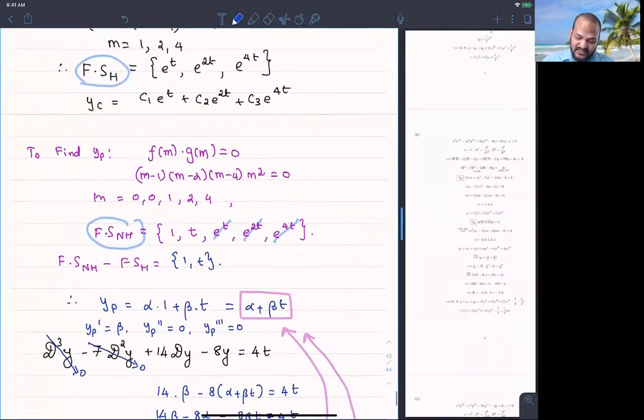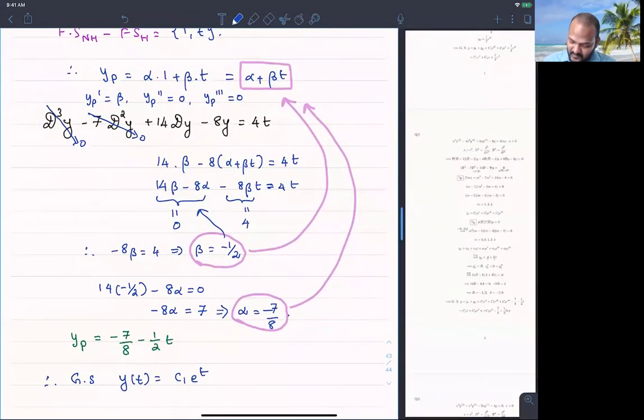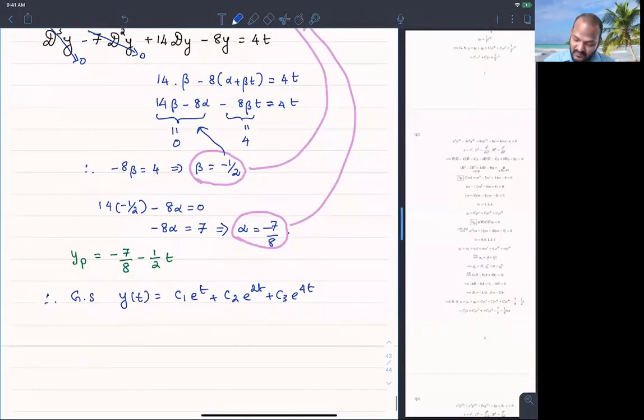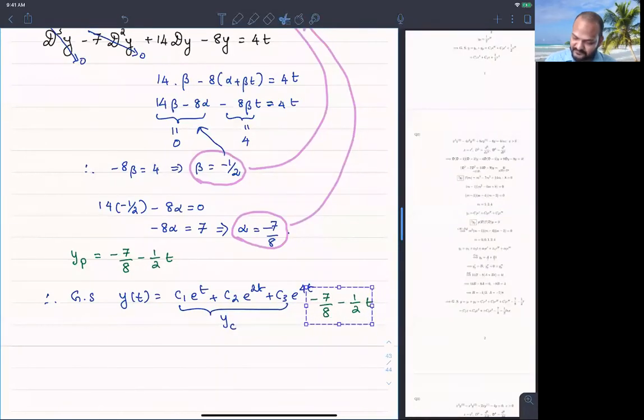Yc is c1 e to the t plus c2 e to the 2t plus c3 e to the 4t. That's my yc, and my yp is basically this right here. So I should change this to negative. That's my yc, and that's my yp right there.